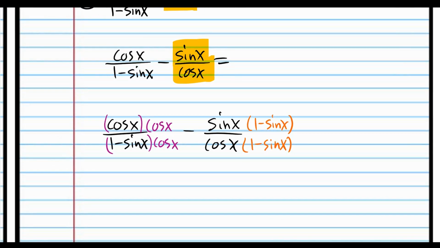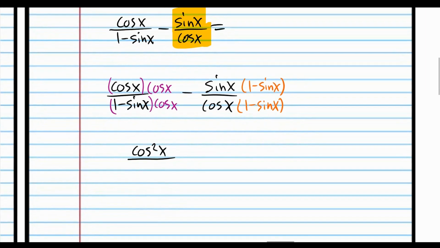So now we have cosine squared x in the numerator of the first fraction. And I'm going to distribute, so we have sine x minus sine squared x.